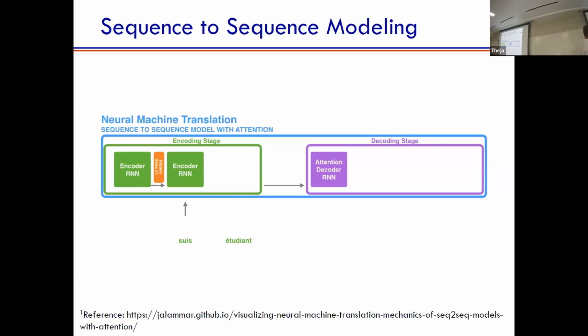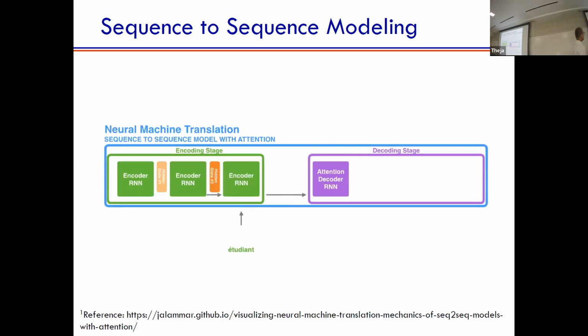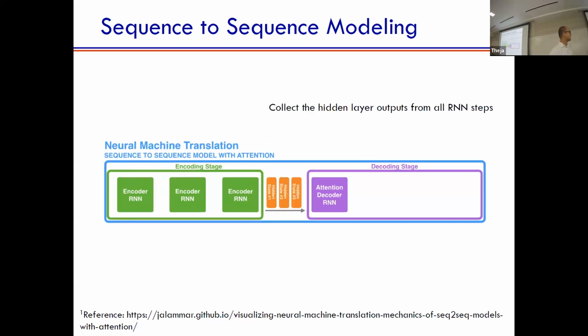You pass the first word and get a hidden vector, and maybe you can always output it, but that's not being used right now. You generate a hidden vector that goes to the second RNN cell, which generates a second hidden vector that goes to the third RNN cell, and then you get the third hidden vector. Now, instead of the previous situation where we were just using the last hidden state, if you remember the last few moments of the last lecture, we were saying, okay, forget about these two, we'll just pass the last hidden vector to a decoding stage.